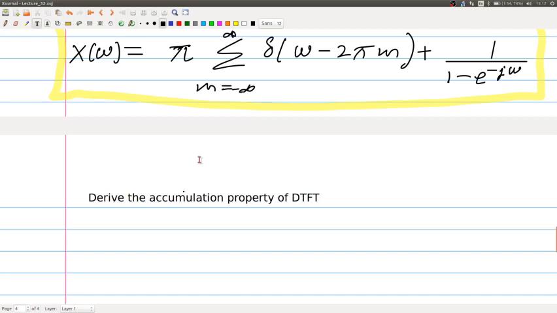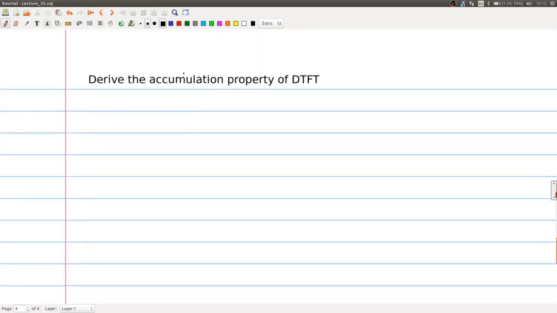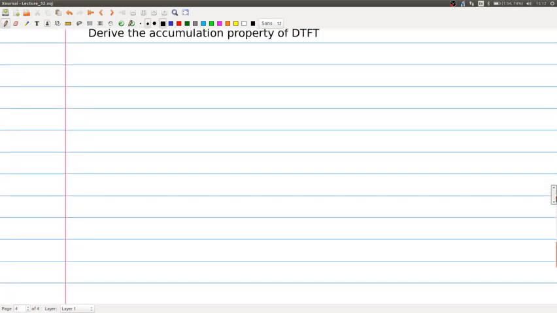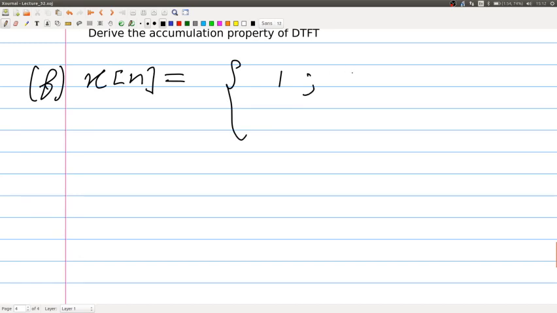Right. So let us see another example. Another simple case. I think this was D, so let's take the example F. When x of n is equal to 1 for mod n less than or equal to n1 and 0 when mod n is greater than n1.